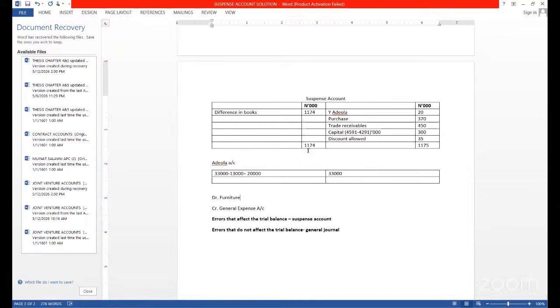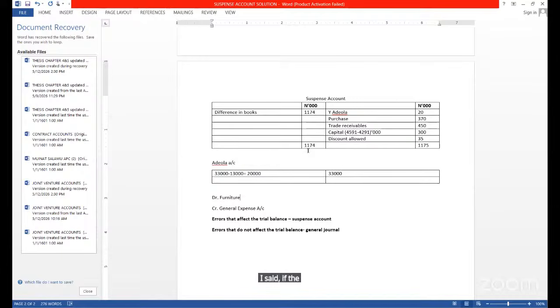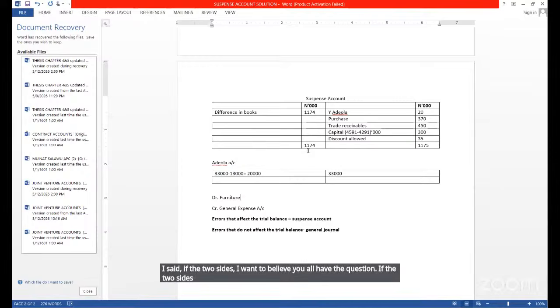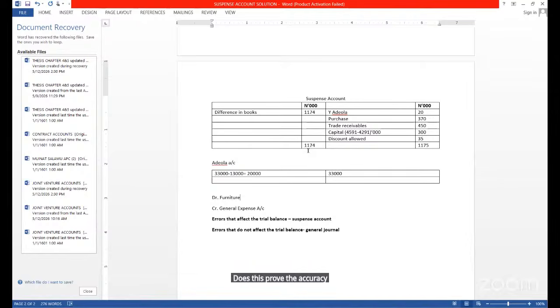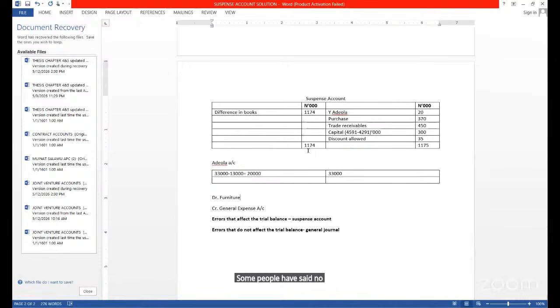Who wants to tell us whether they believe the agreement of the trial balance means there's no error? If the two sides of the trial balance agree, does this prove the accuracy of the bookkeeping entries? The answer is yes or no. Some people have said no. Who are those saying yes?